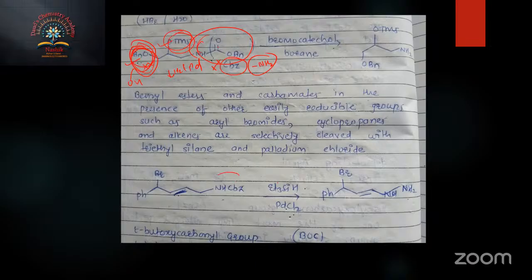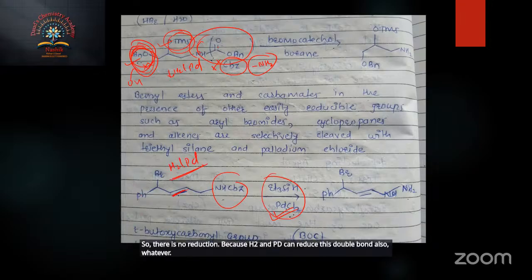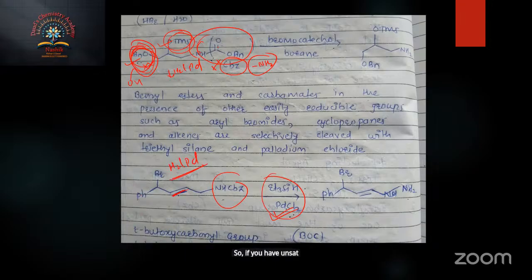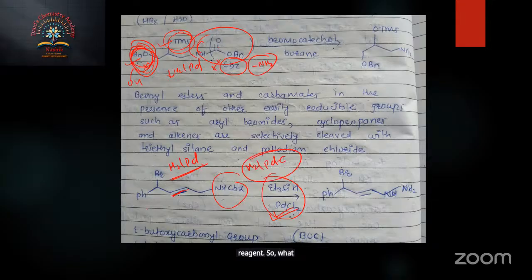Then another one is you can use triethylsilane in presence of palladium. So there is no reduction, because H2 and Pd can reduce this double bond also. So if you have an unsaturated moiety or unsaturated side chain in your starting material or intermediate, and you are using H2/Pd-C as a deprotecting reagent, what will happen?